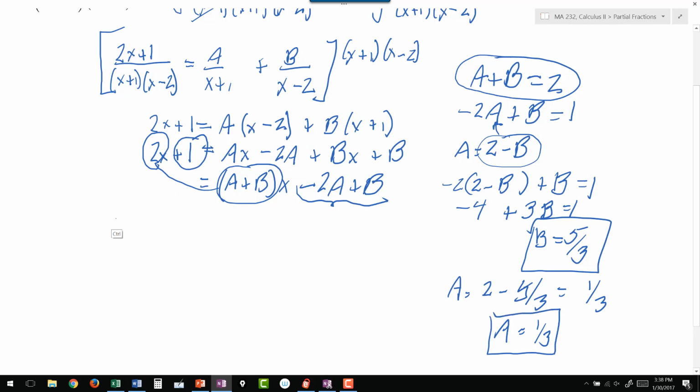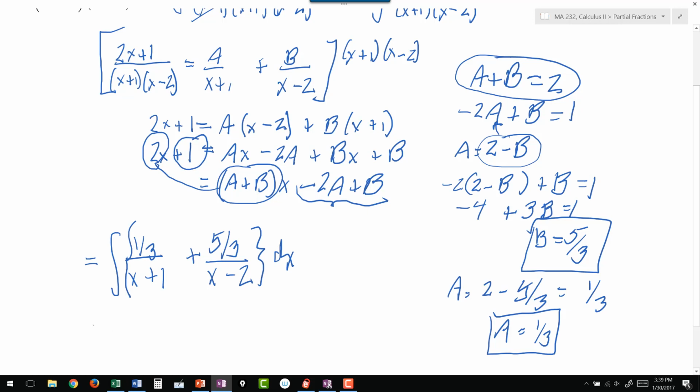Getting back to the original problem, my original integral is now equal to the integral of 1/3 over x plus 1 plus 5/3 over x minus 2 dx.